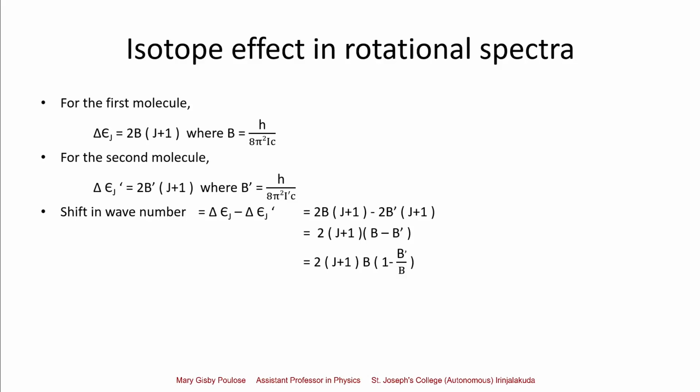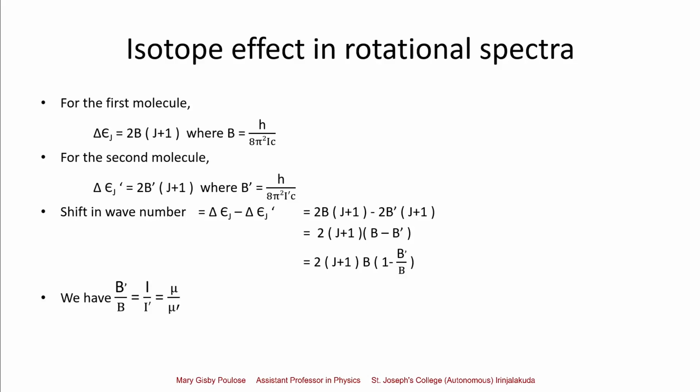Now taking B as a common factor, we get 2 into J plus 1 into B into 1 minus B prime by B. Now B prime by B is equal to I by I prime, since they are inversely proportional, and that is equal to mu by mu prime.